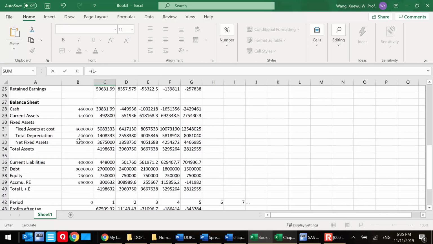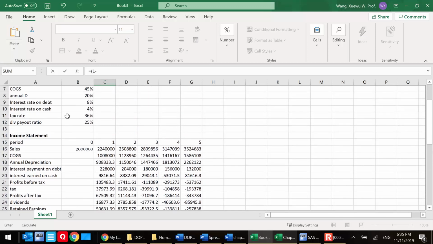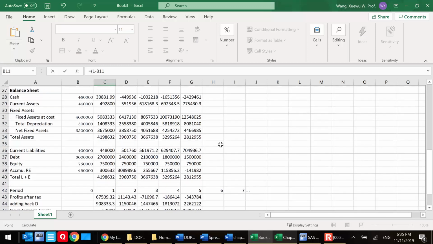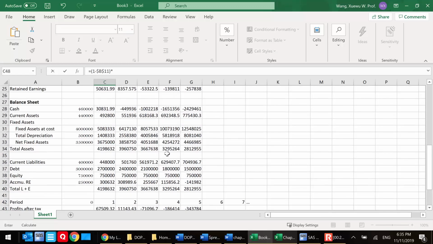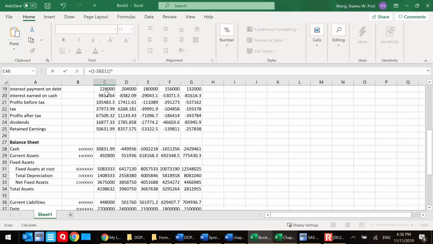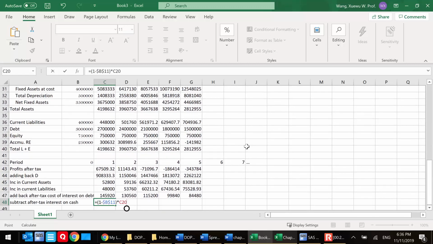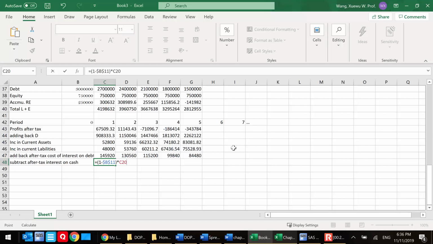So 1 minus the tax rate, which is B11, and let me lock down B11, multiply that by the interest earned on cash. So that's in row 20. So that is the, all right, after tax interest on cash.